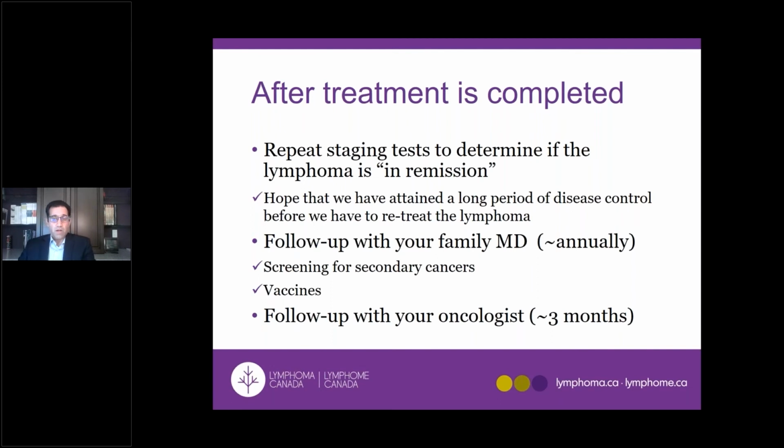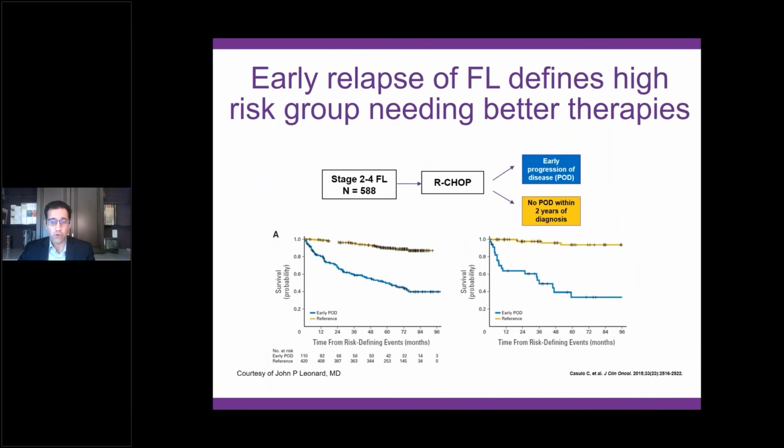Now, what happens if, unfortunately, the patient has the disease come back again? It's very important to know that early relapse carries a higher risk. So if the patient spent quite 2 years free from the disease, this is considered a good sign.